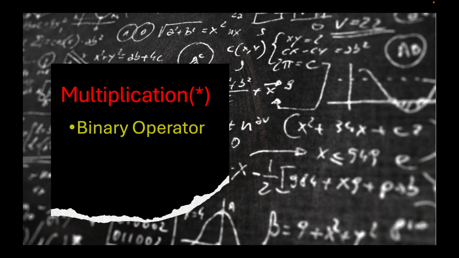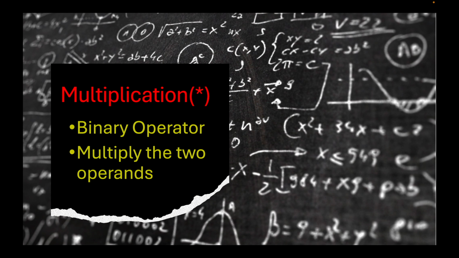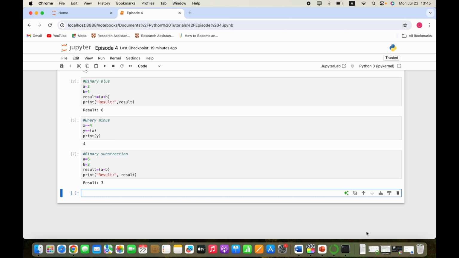The next one is the multiplication operator. It is also a binary operator and it multiplies the two operands. So let's go and see some code in Jupyter Notebook.